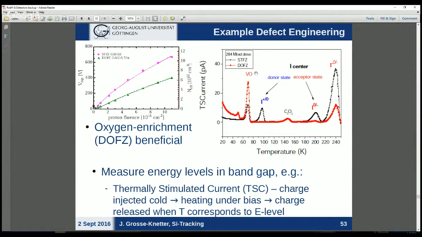For example, the VO means it's a vacancy combined with oxygen. Certain energies are relatively neutral to what happens to our doping behavior. Others will be very aggressive in terms of changing the doping behavior. And that very closely depends on the energy.